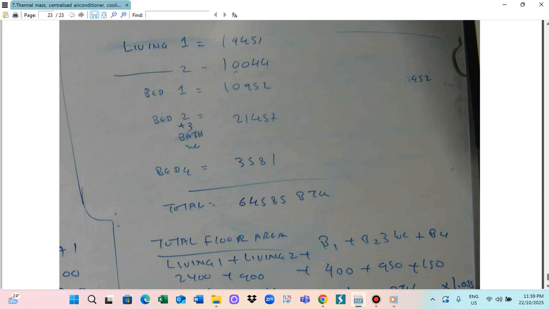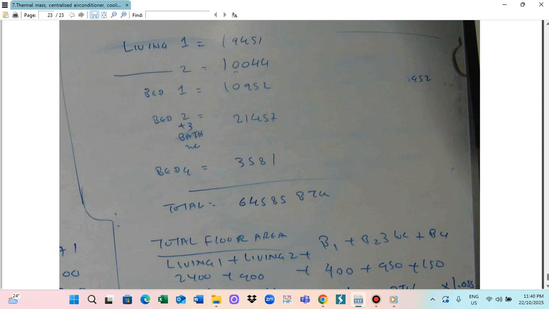And bedroom 1, we calculated, is 10952. Bedroom 2 plus 3 plus 4 WC part and WC, this one is 21457. And bedroom 4, you calculate, is 3581.